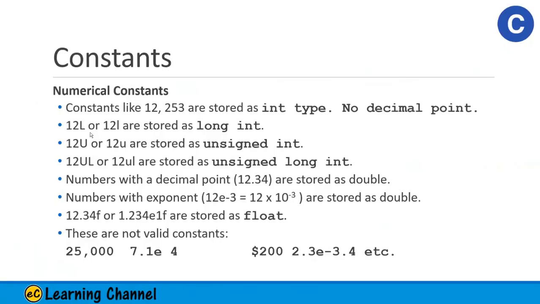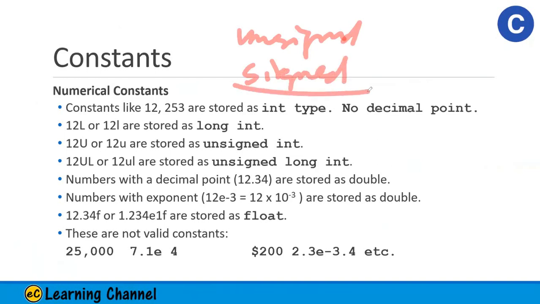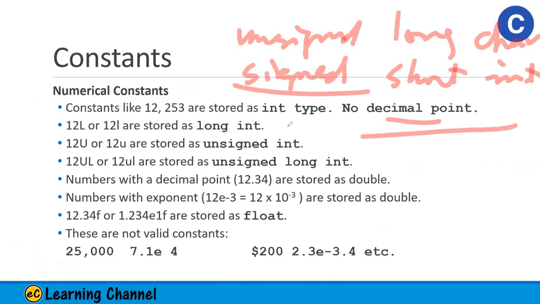There is signed and unsigned; for signed you don't need to write it. Then you have long, short, and normal, and they apply to two types, character or integer. So in C language there are so many different types.